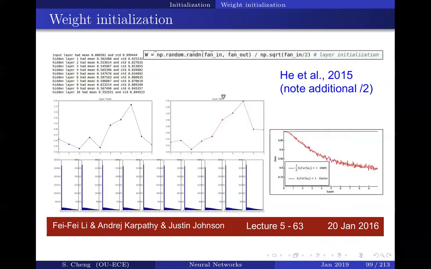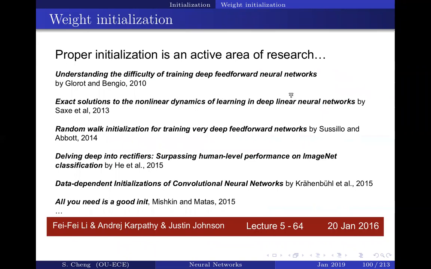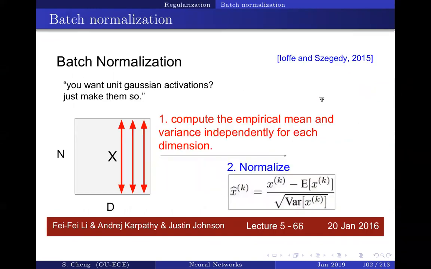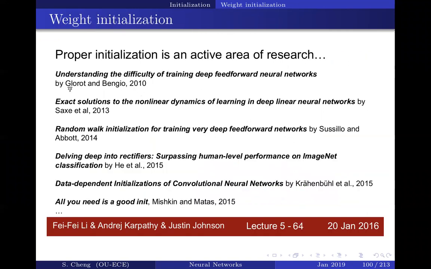There are many weight initialization methods, and what I talk about here is basically the one by He in 2015. But as I mentioned, Bengio and Xavier Glorot started that in 2010, I guess it is.